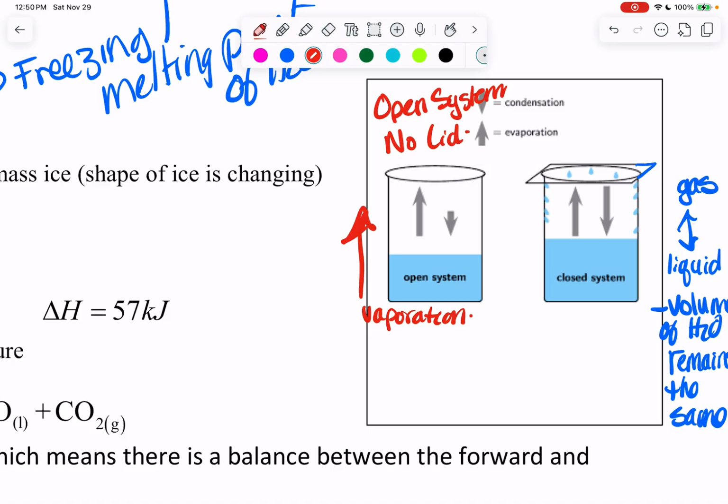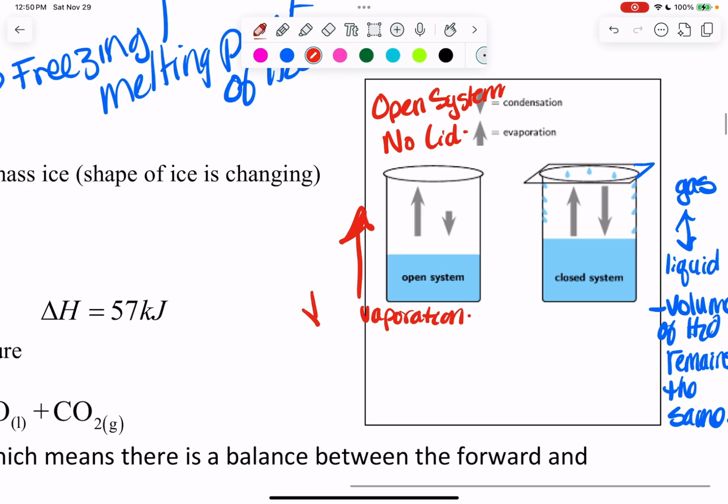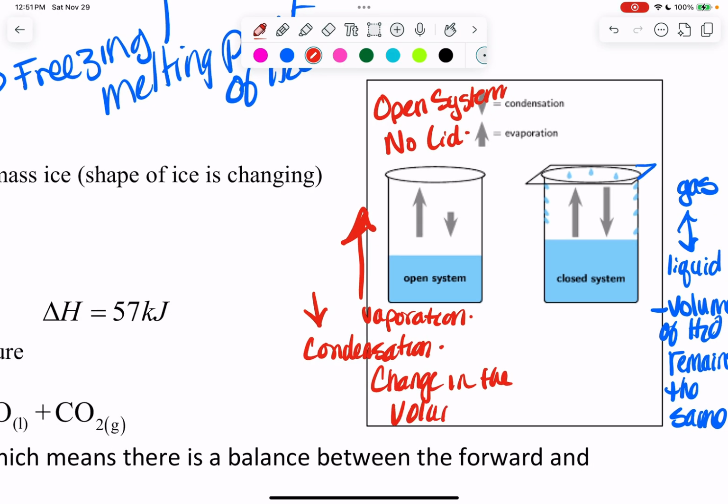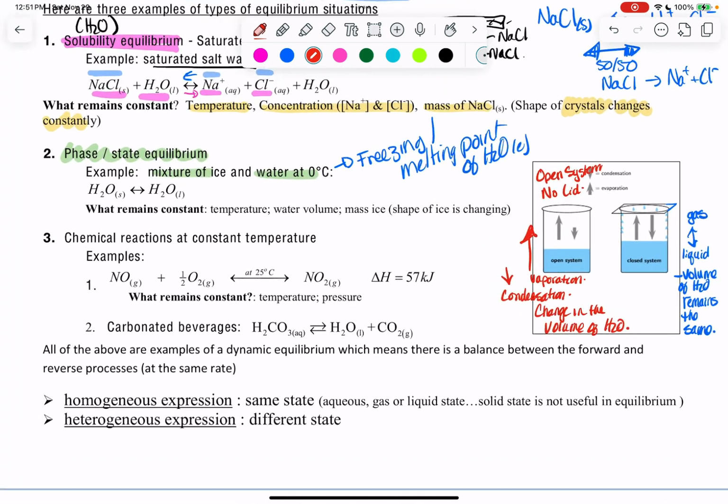So we see a change in the volume of water. And that's what we mean when we say a phase or a state change.